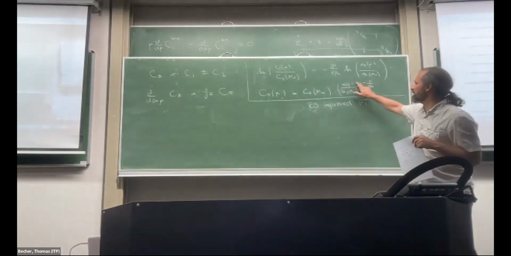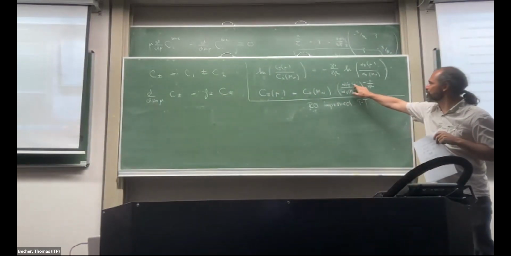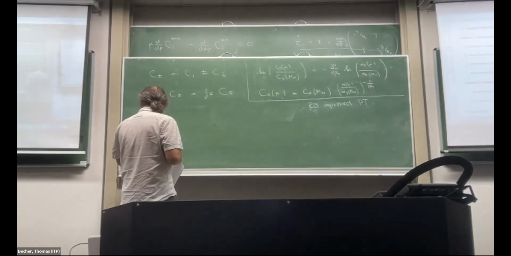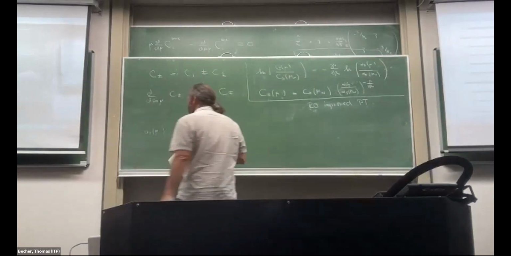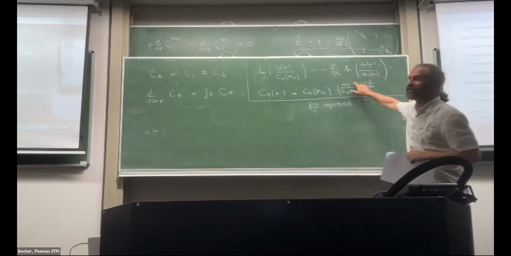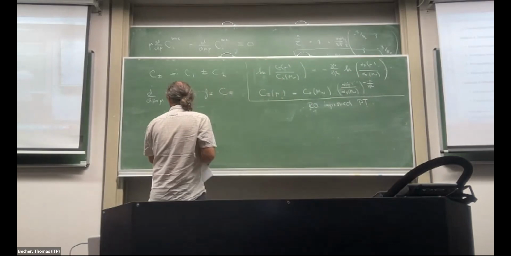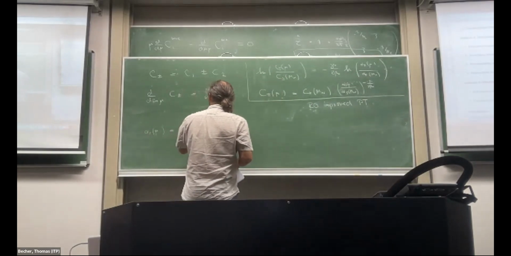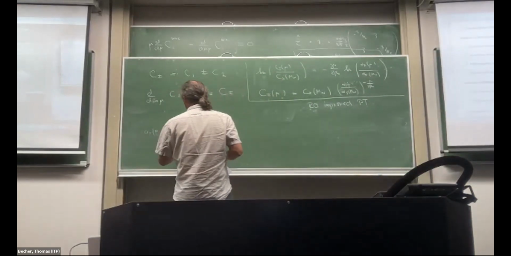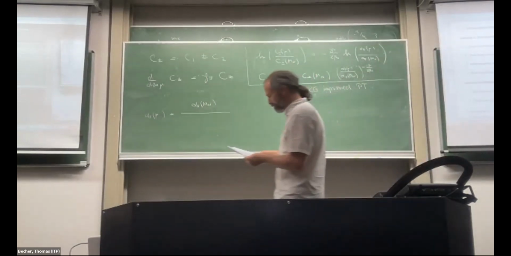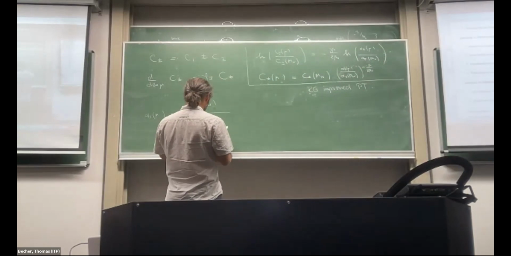To show that we really resum these logs, I can use the result for alpha s. If you solve the RG evolution equation, I can of course re-express the alpha s at the low scale through the alpha s at the high scale. Some expression which you could find in the Particle Data Group booklet or else.